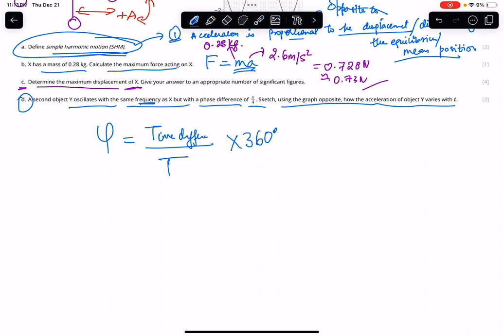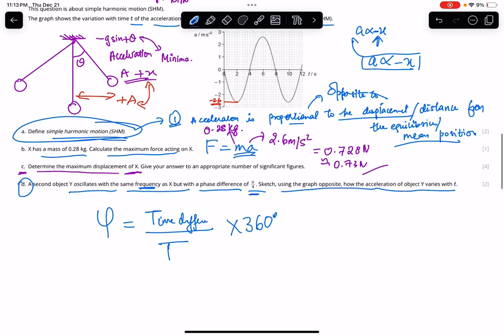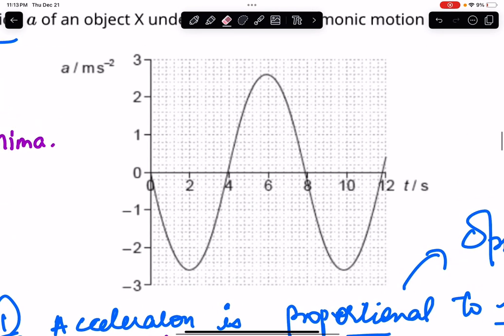Now in this case, there is a phase difference of pi by 4. What we're given is a function which has a time t, but instead of a difference in terms of time, we are given a difference in terms of angle.